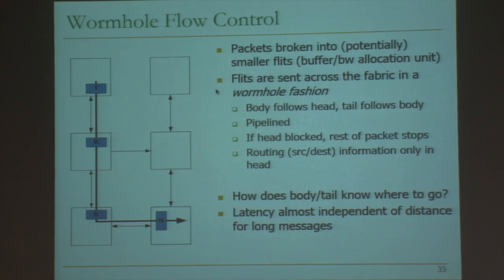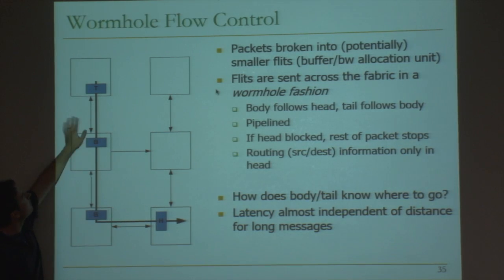Can you see any issue? Let's say I have this packet, the head has reached here, the tail is still here. What kind of problems could this cause in the network? I might not be the only packet going through the network. So what kind of issue could you have there? Is it possible to have deadlocks?